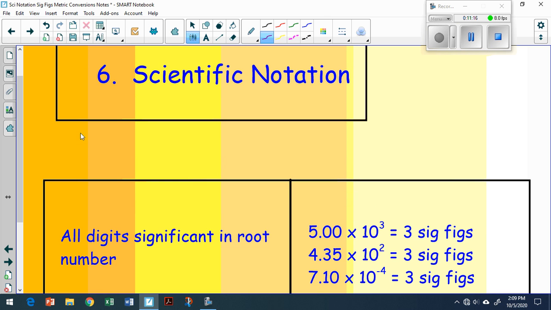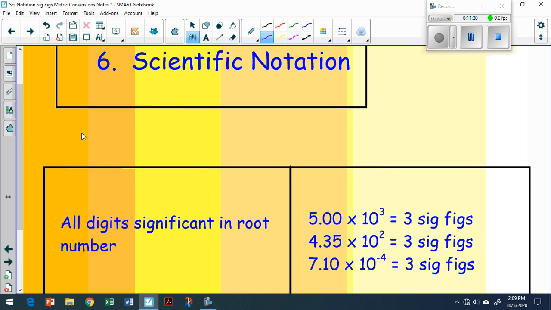The last one is a way to interpret scientific notation. It also plays on a way to report the correct number of significant figures when I have a large value that I want to adjust. So all of the digits in the root number are significant. The root number is this portion of scientific notation.